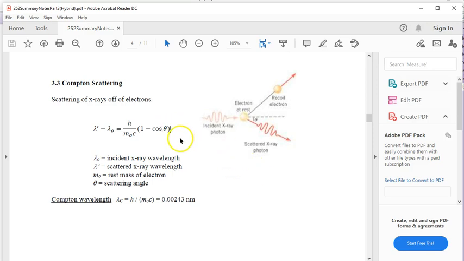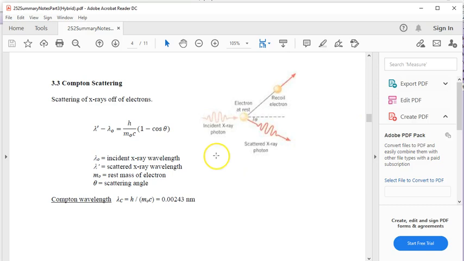One thing that's, well, a couple things, I guess. If you look at this formula, notice that if theta is 0, then I get 1 minus 1, right? There is no shift. Well, that makes sense. What that means is there was no scattering event. There was no interaction of the incident X-ray with an electron, so it just shoots straight through.